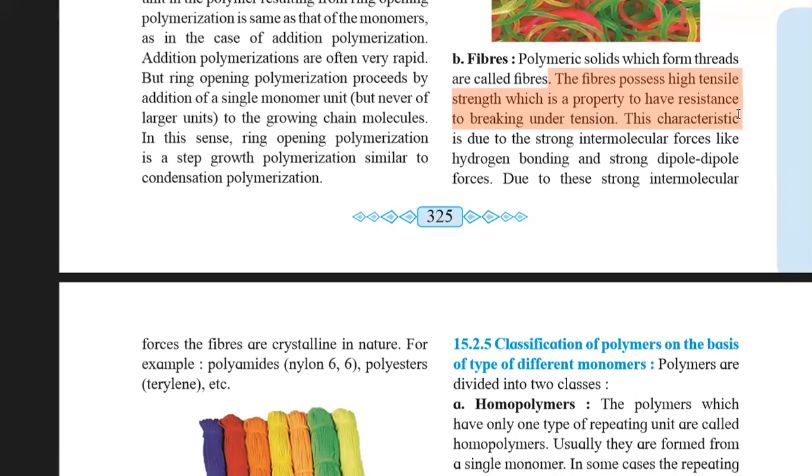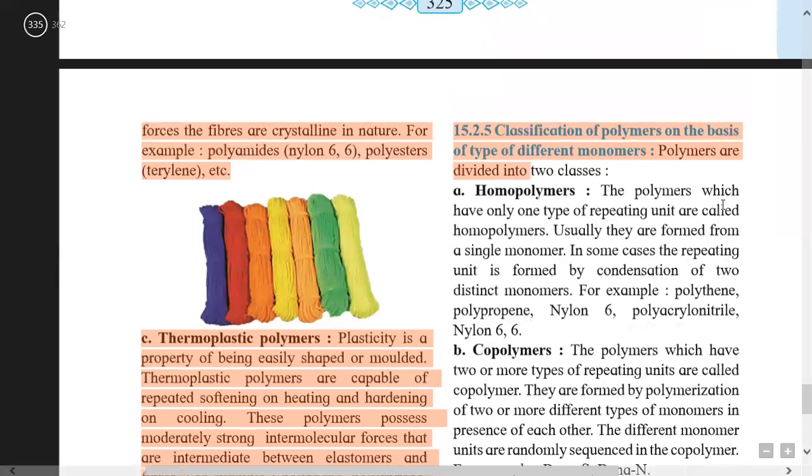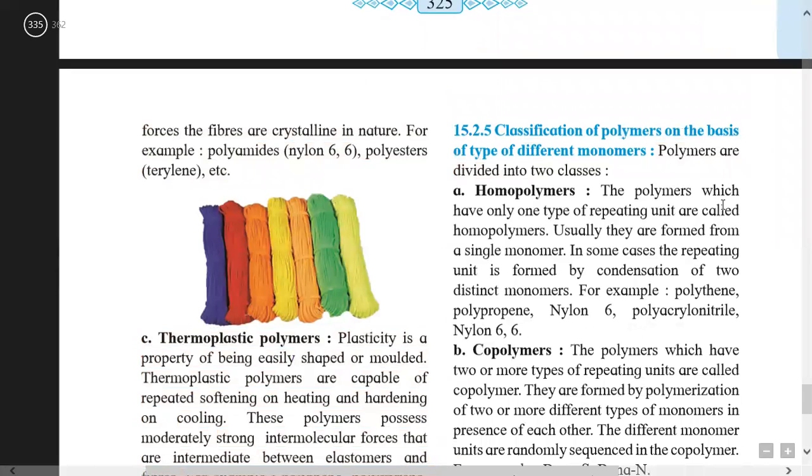This characteristic is due to strong intermolecular forces like hydrogen bonding and strong dipole-dipole attractive forces. Due to this, the fibers are crystalline in nature. Examples are polyamides and polyesters. An example of polyamide is nylon 6,6 and of polyester is terylene, commonly called dacron.